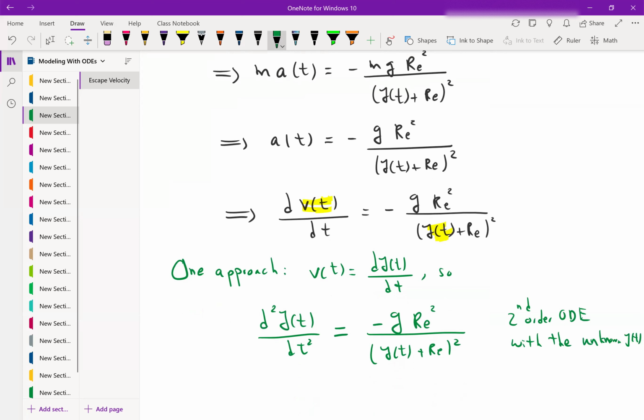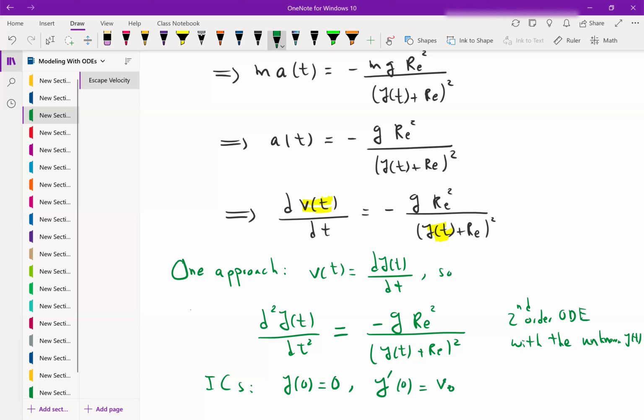And what will be our initial conditions? At time t equals 0, the position of the projectile is on the surface of the Earth. Y of 0 is 0. What is the velocity? The velocity y prime of 0 is equal to v0. The initial velocity is v0.